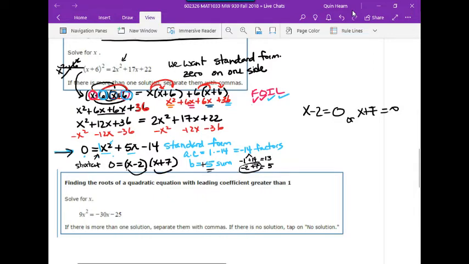So if x minus 2 is 0, that would mean x is equal to 2. Or if x plus 7 is 0, that would mean x is equal to negative 7. So those are your two solutions. I'm not going to check them because I'm trying to save time, but if you plugged them back into the original equation, you would see that each one individually satisfies the equation, makes a true statement.